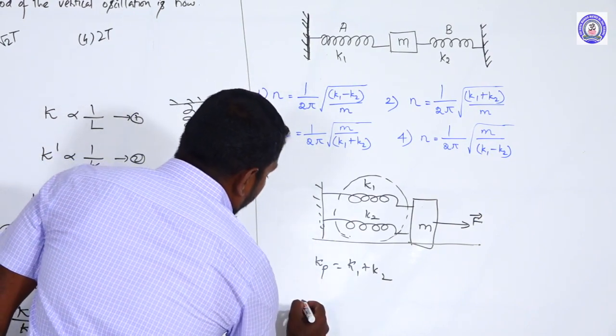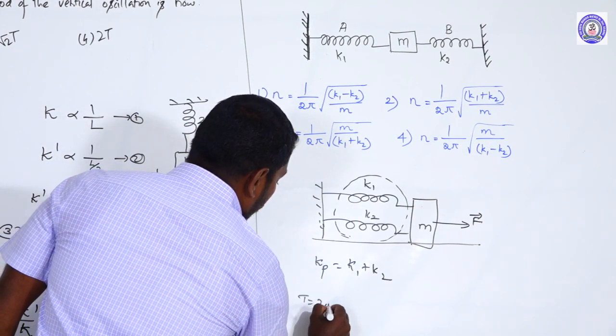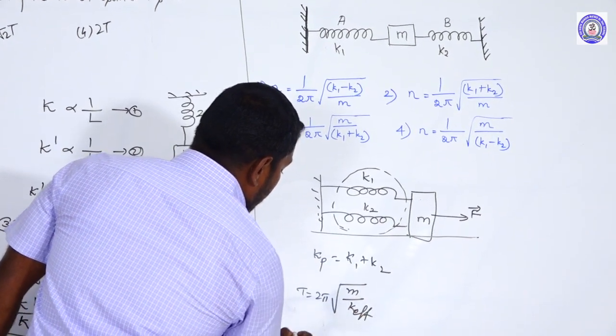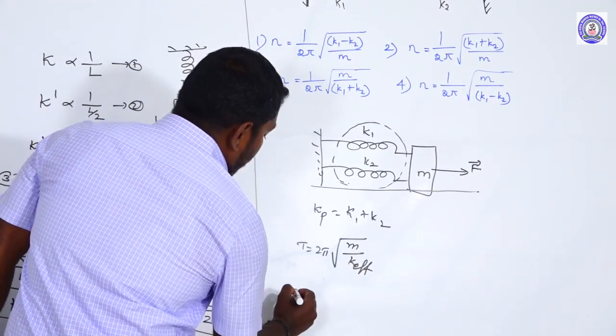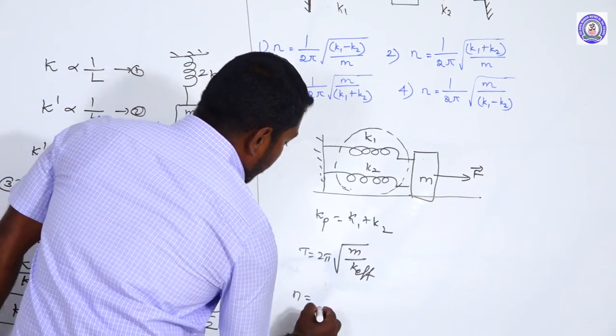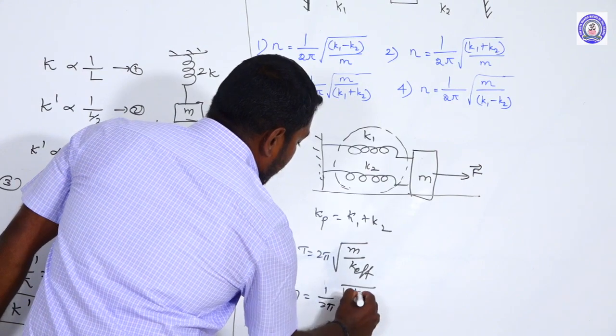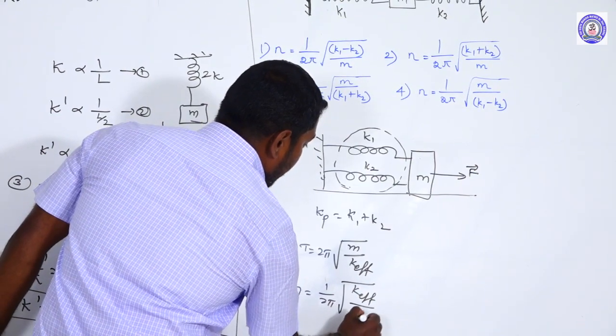Then the time period of oscillation T is equal to 2 pi square root of m divided by the effective spring constant. Then the frequency in linear simple harmonic motion oscillation n is equal to 1 divided by 2 pi square root of k effective divided by m.